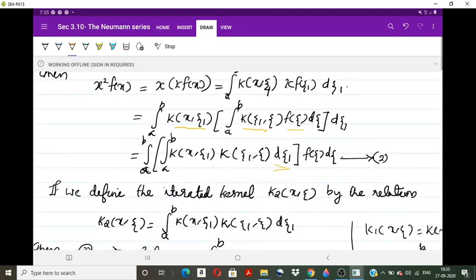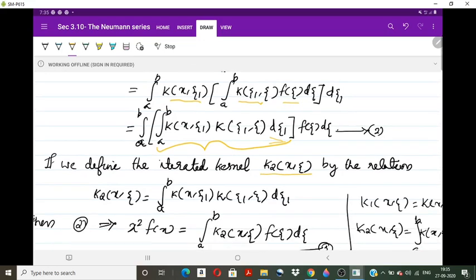Now we define the iterated kernel k2 of x theta by this relation: we name the integral that comes under the bracket as the second iterated kernel k2 of x theta. That means k2 of x theta is equal to integral a to b k of x theta 1 into k of theta 1 theta d theta 1.